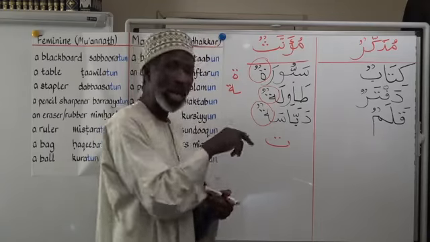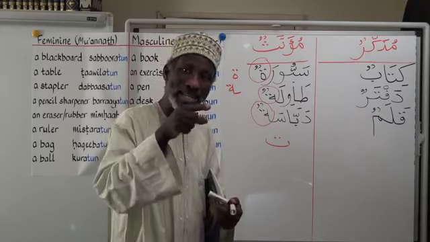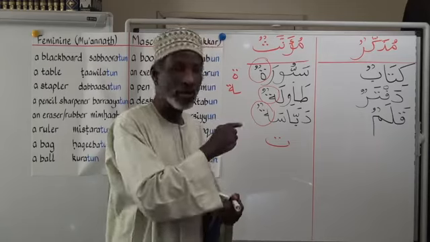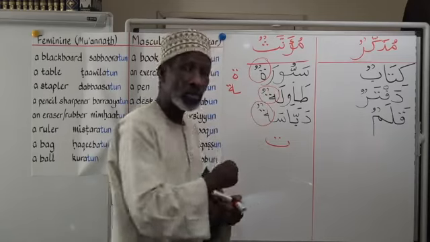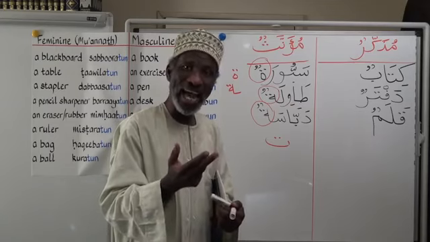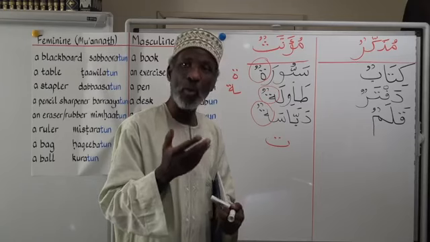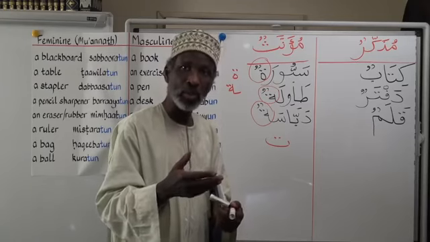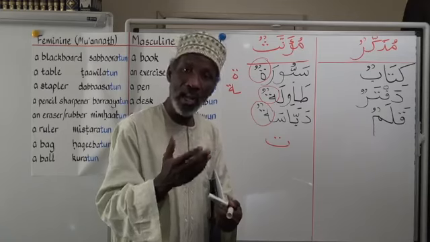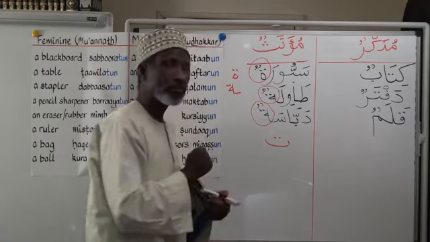If ta marbuta comes after a letter which is not allowed to be extended forward, such as Ra, there are 6 of those letters: Alif, Dal, Dhal, Ra, Zain, and Waw. When ta marbuta comes after any of those 6 letters, it will be written this way.